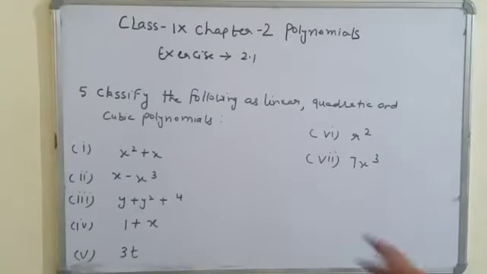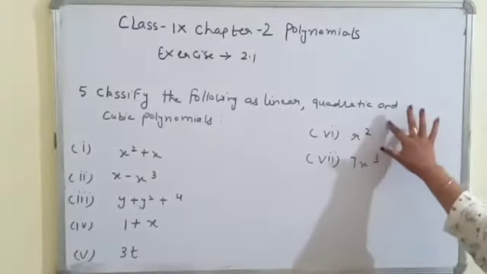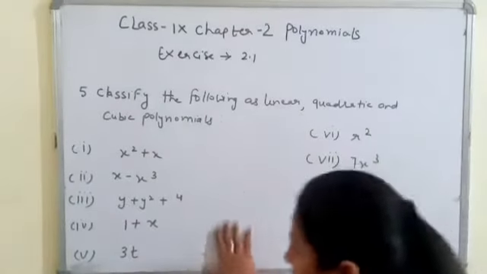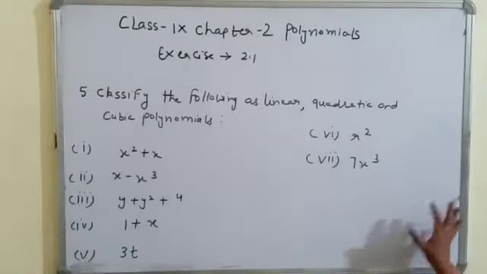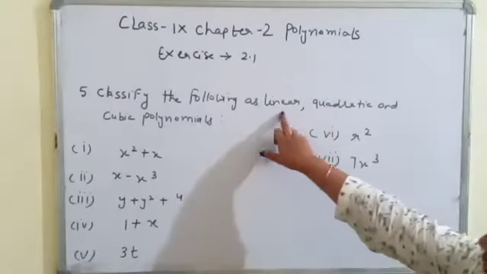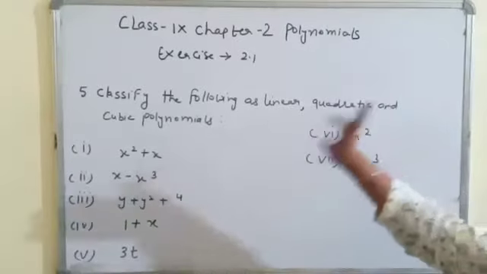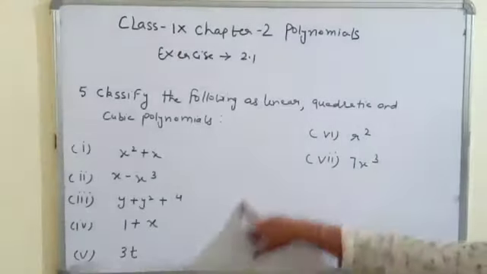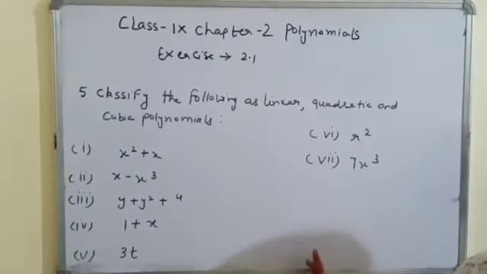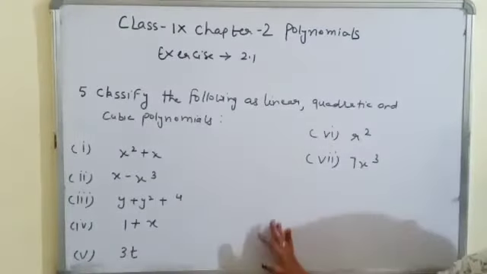Now question 5. Classify the following as linear, quadratic and cubic polynomials. In the given polynomials, we have to check which are linear, quadratic and cubic. In the introductory video of polynomials, I have already explained the different types of polynomials.